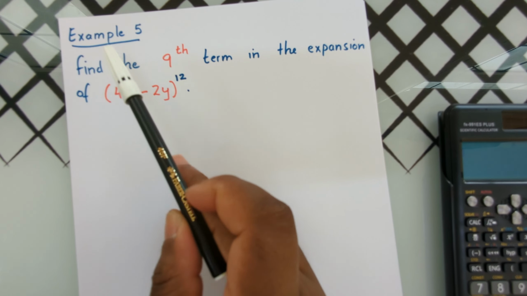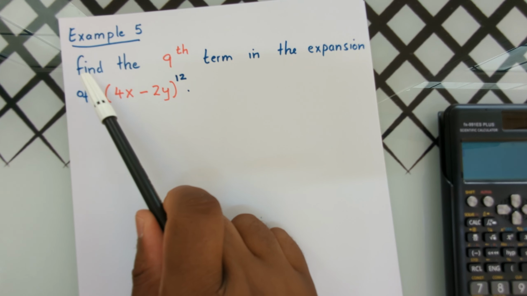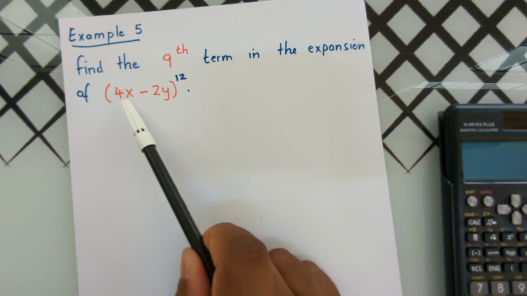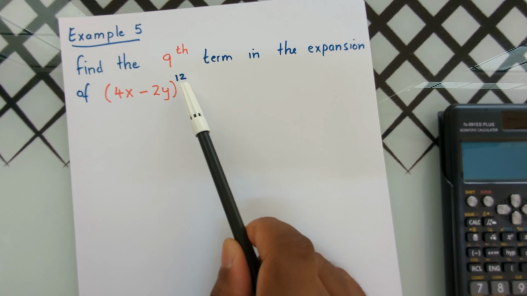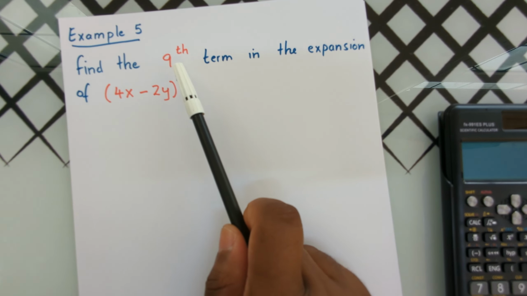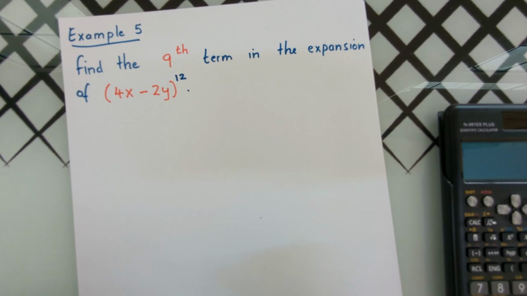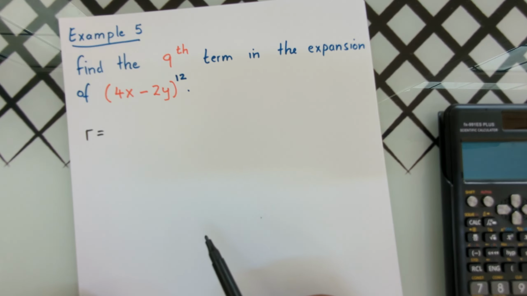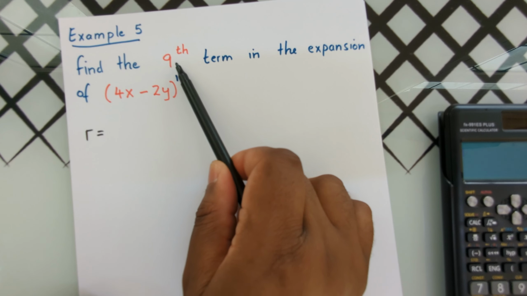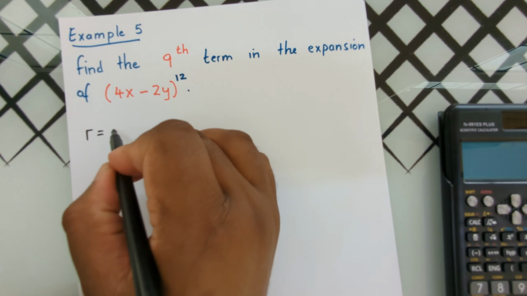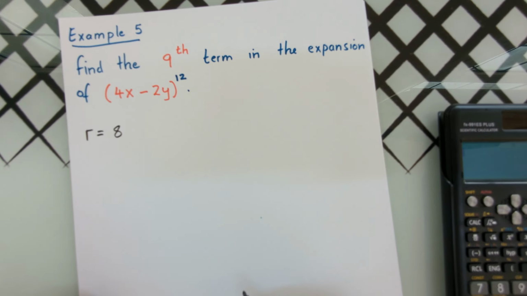Moving on to example number 5, we're given find the ninth term in the expansion of 4x minus 2y to the power of 12. So we need to find the ninth term. So step number 1 is to identify our r. Since we are finding the ninth term, and our r starts from 0, it implies when we get to the ninth term, r will be 8.